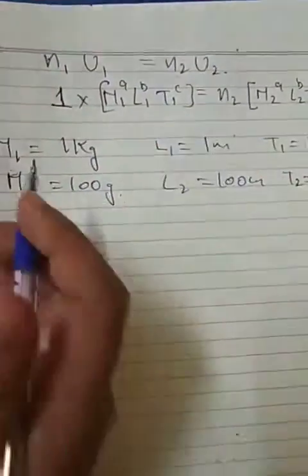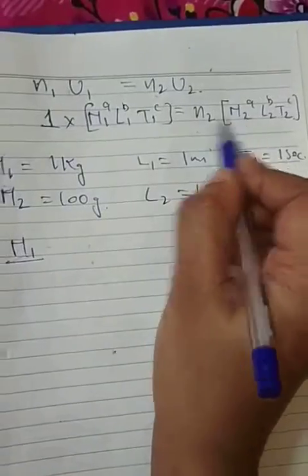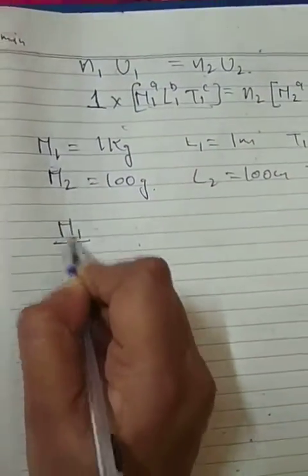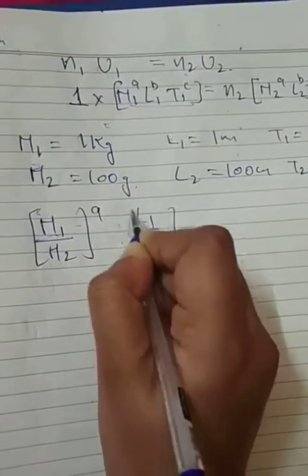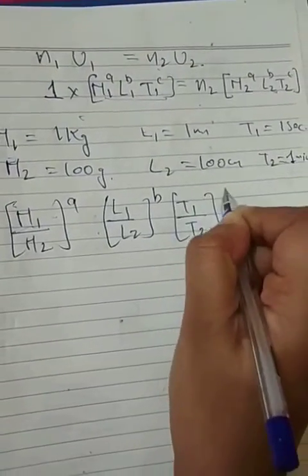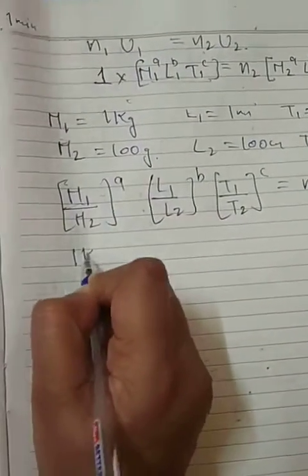So again, come back to this formula. We have m1 by m2 to the power a, l1 by l2 to the power b, and t1 by t2 to the power c, and this equals n2. Correct? What is my m1? 1 kg.